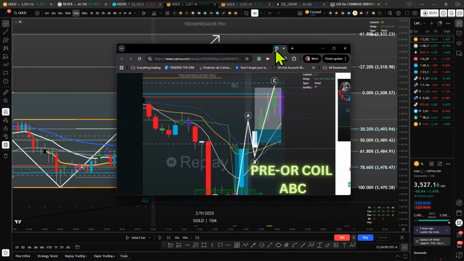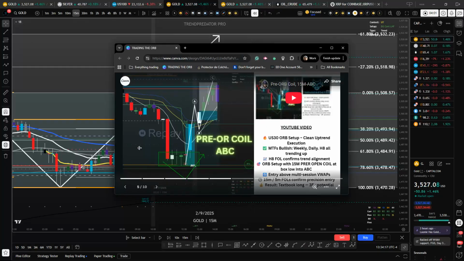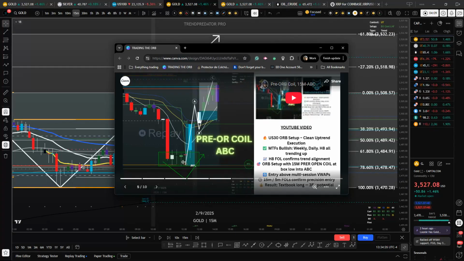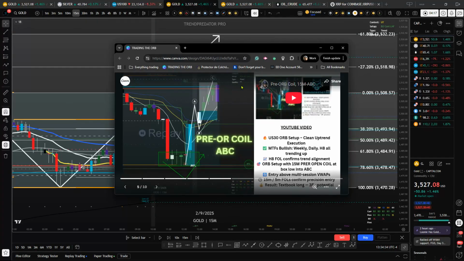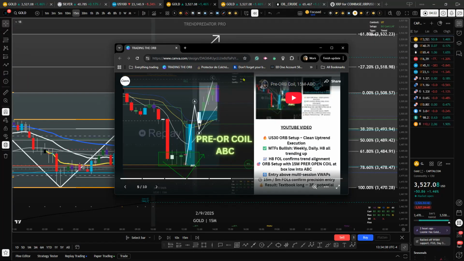There are a few that I've highlighted, but this is a pre-opening range coil whereby the market has dumped ahead of the open, it's coiled, and then it's bursting higher. So it's a breakout of the coil in a bullish environment, as you can see by the TrendPredator Pro.